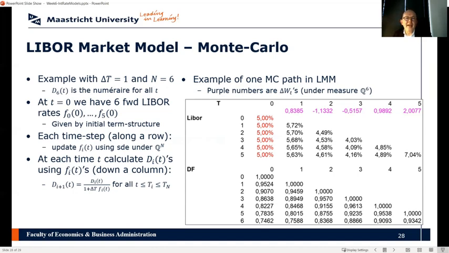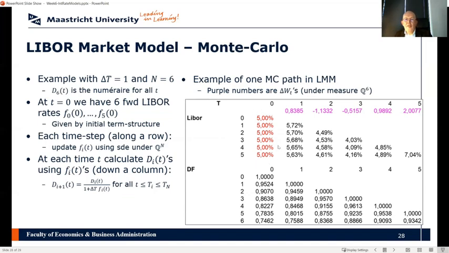And I'm also tracking 6 LIBOR rates in this model simultaneously. So the LIBOR rates that I'm tracking are these 6 LIBOR rates numbered from LIBOR rate 0, LIBOR rate 1, until LIBOR rate 5. So this is the F0, F1, F2, F3, F4, F5, as I observe them at time point 0.